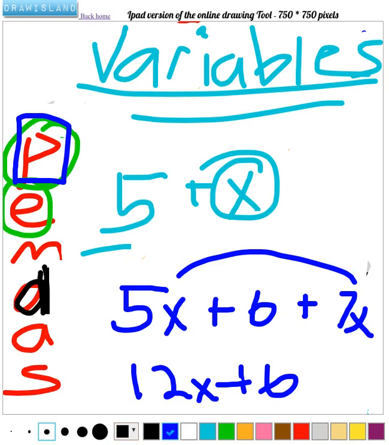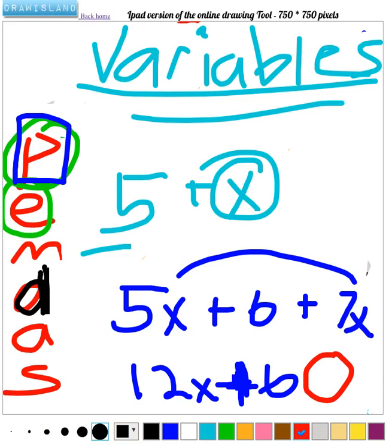But since 6 doesn't have that variable on it, you cannot add it. So this is the simplest form you can put this equation in. You can't add it. Don't put 18x, because this does not have an x here. No x.